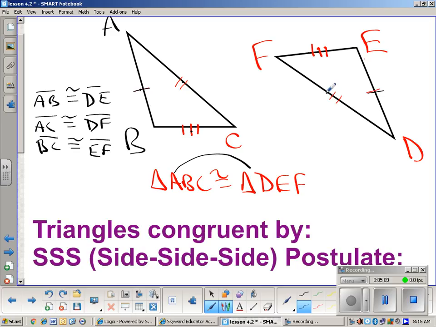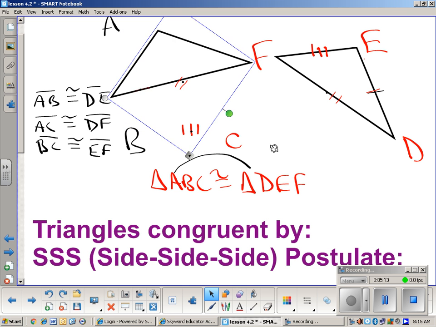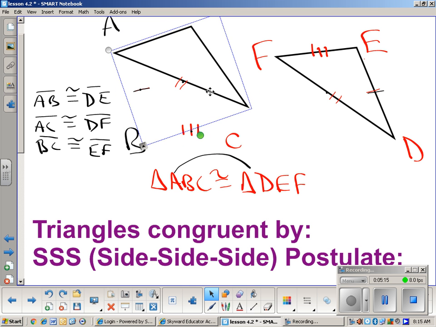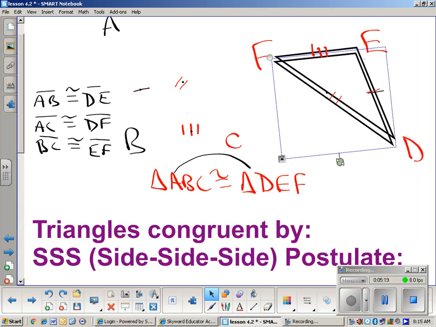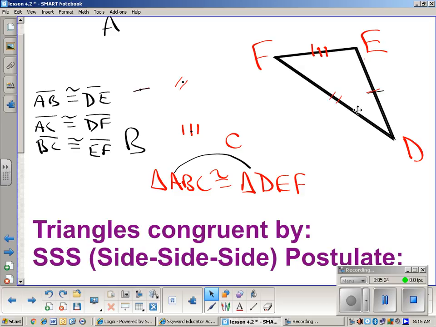Even though they may not look the same, we can make them line up exactly the same. Okay? So if the sides are the same, it doesn't matter if they're facing a different direction or whatever, if the three sides are the same, then the two triangles have to be congruent. Okay? They have to be.